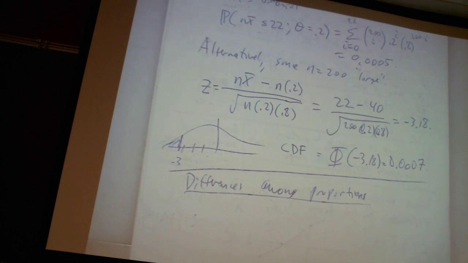What's the scientific method? You run an experiment. You also run a control. Maybe you run 6 experiments at the same time, and you want to know if there's significance above the control. Okay, so let's talk about differences among proportions.